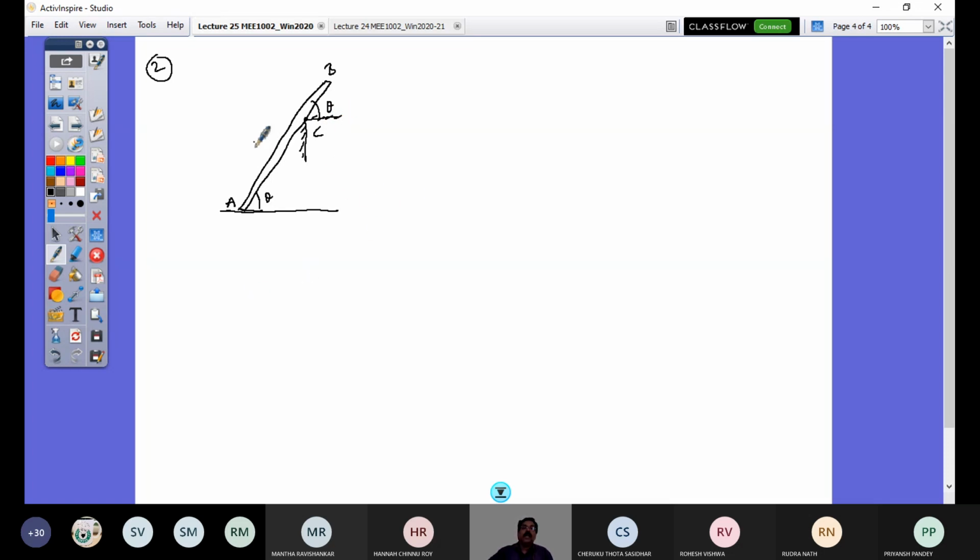Again, this is a ladder of length L, which weighs W. So a uniform ladder of weight W leans at an angle theta to the horizontal plane.